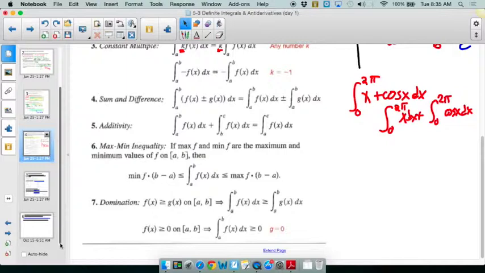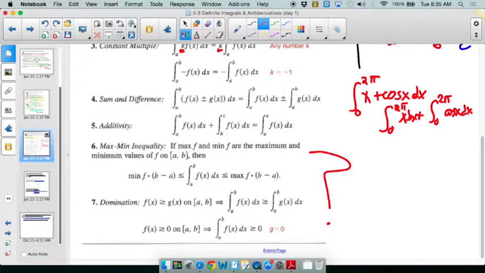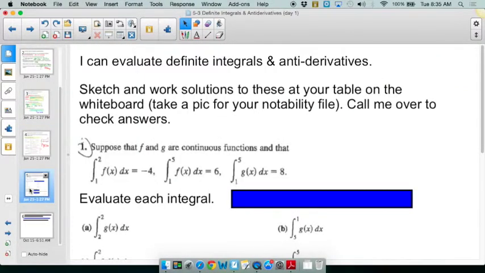I'm still digging through 6 and 7 to see how much of a factor they play in the AP content. I'm not sure they're factoring in a significant way, so I'm not sure we're going to cover them, but I got to do more digging to see if College Board emphasizes that or not. Okay, those get a little interesting as we cover those. I'm hoping that they don't stress them too much.